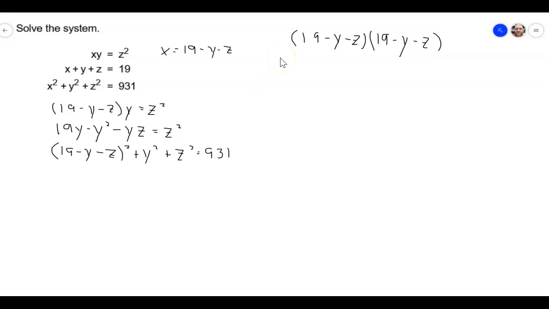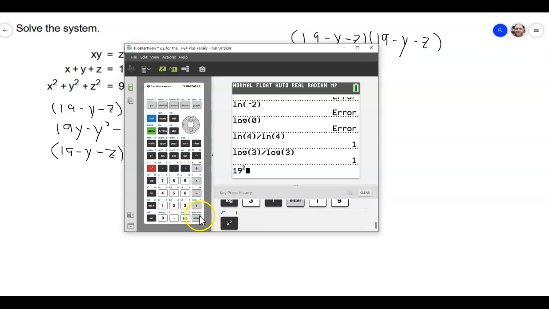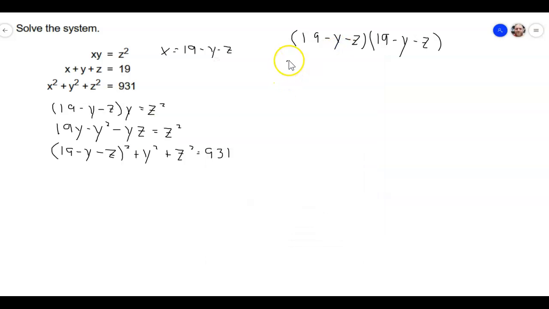So 19 times 19, 19 squared is 361. And then 19 times negative y, so that's minus 19y minus 19z.